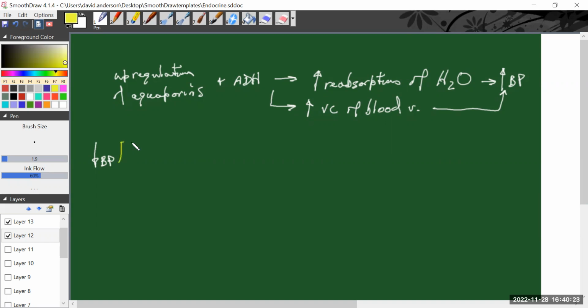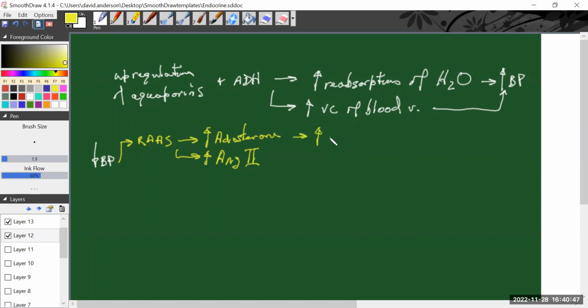The one pathway is the RAAS pathway. That results in an increase in aldosterone and an increase in angiotensin 2.